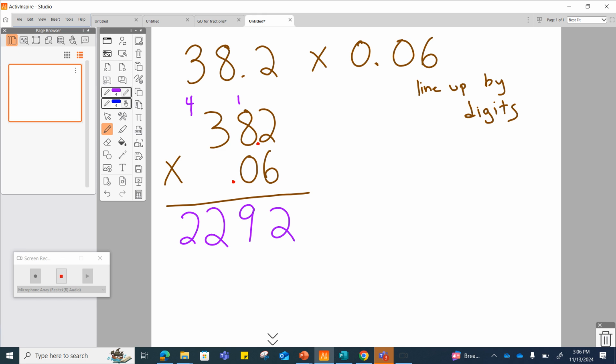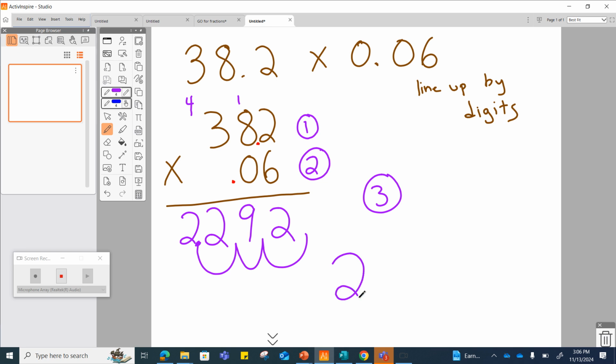Since 38.2 has one decimal place, and 0.006 has three decimal places, I add those together and my final answer is going to have 4 decimal places. So my final answer is 2.292.